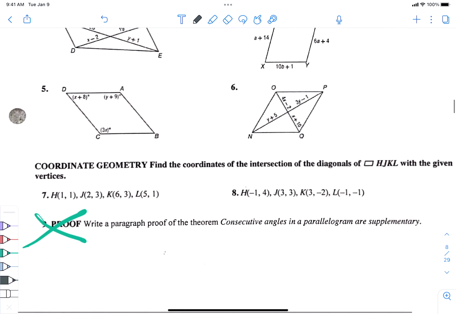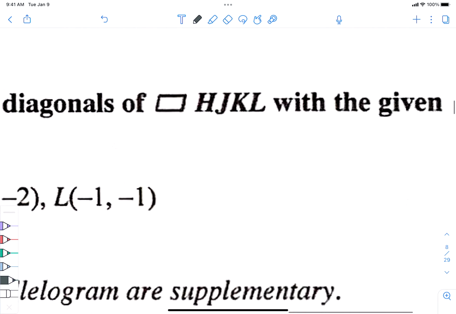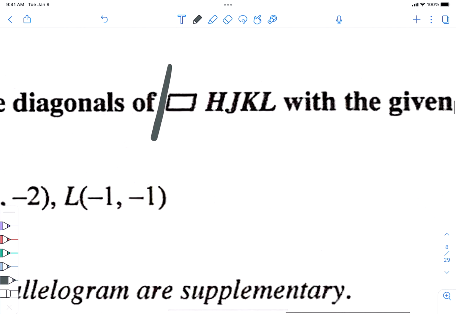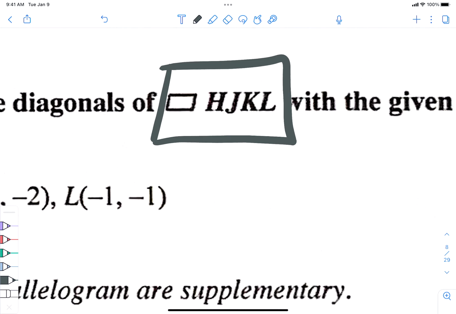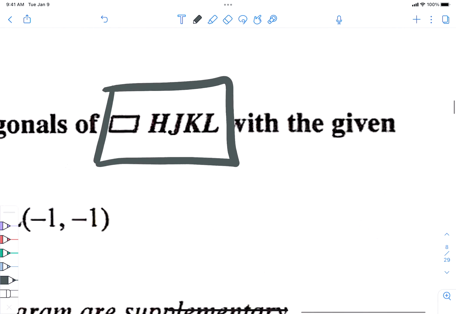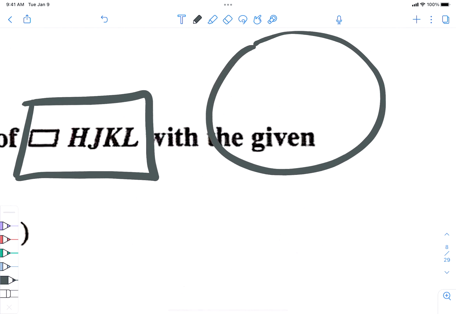You can graph them if you would like to graph them. That is totally fine. But they tell me that this quadrilateral or this parallelogram goes HJKL. When they say it like that, that means it goes in order, right? So going around in a circle, it goes HJKL.